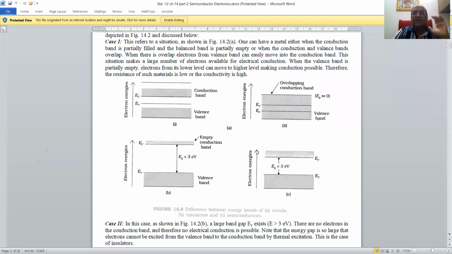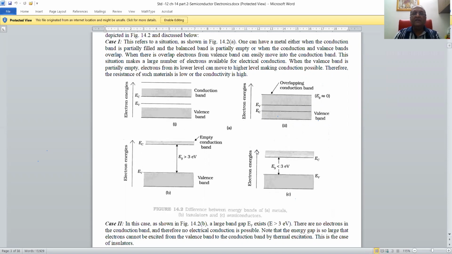Now how this valence band and conduction band are arranged, depending on that, they give you the conductivity or resistivity, and depending on that, these are classified in these three categories: conductors, insulators and semiconductors.